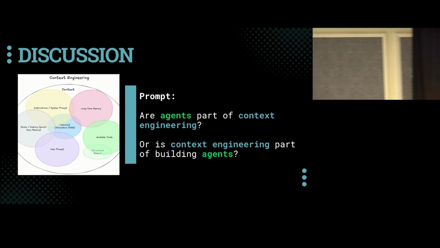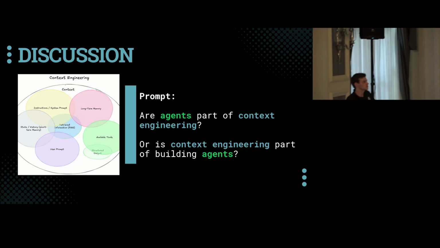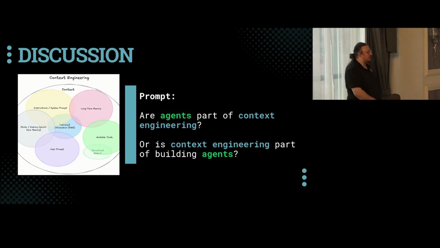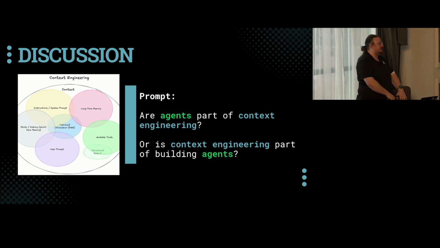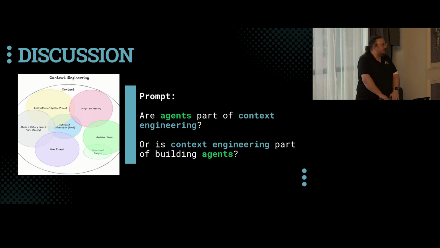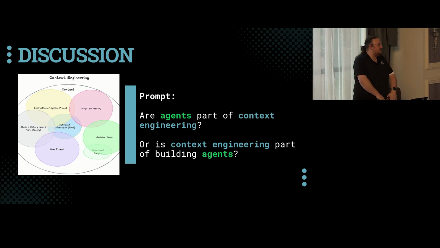Yeah, so all of these things effectively are what agents are built out of. So, available tools, available to what? Well, to an agent. Long-term memory, well, long-term memory for what? An agent. User prompt for an agent. I mean, not every single one has to be part of every agent.